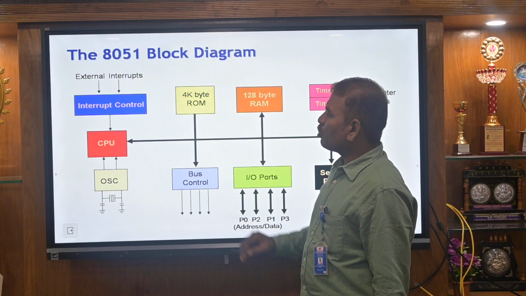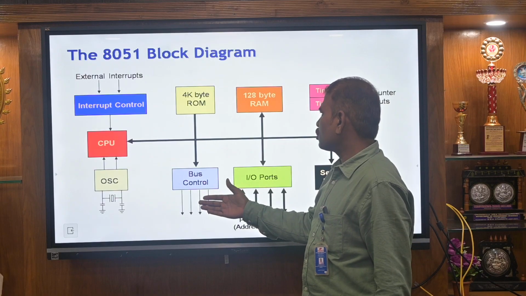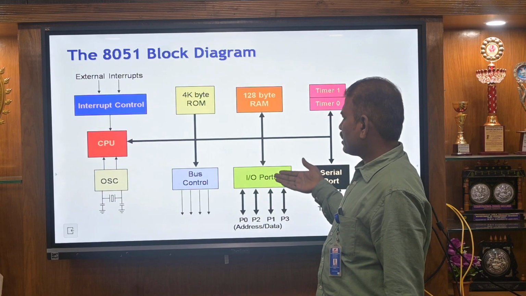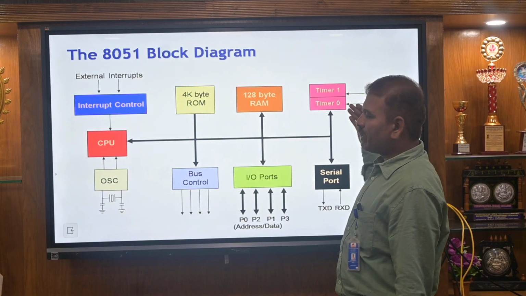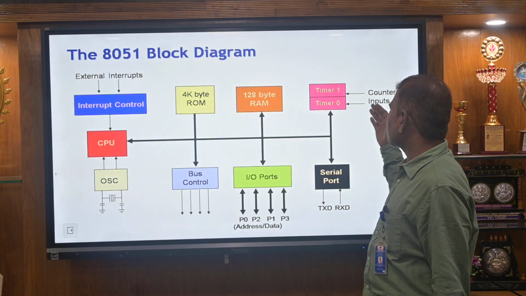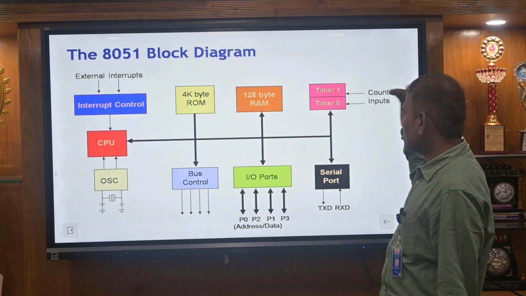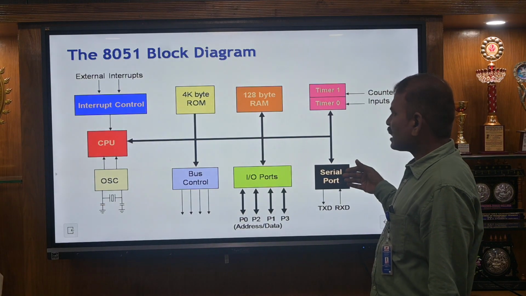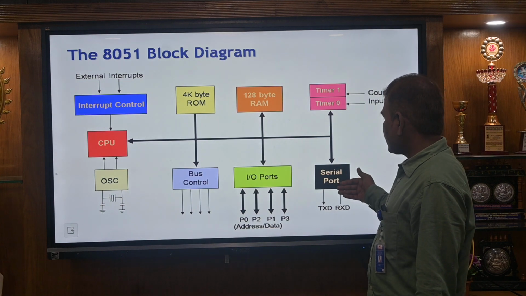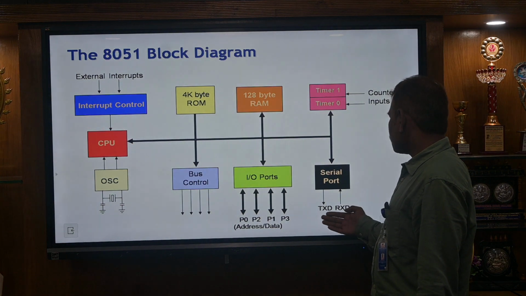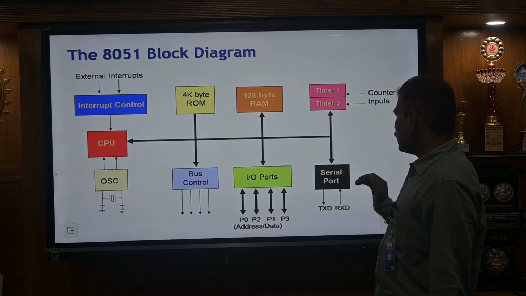Then 4 kilobyte ROM is connected to the bus control, and 128 byte RAM is connected to the input output ports, which are bidirectional, and a timer is specified for the functional specification. The input value is bidirectionally connected and also connected to the CPU. There is a serial port for transmit and receive processes.